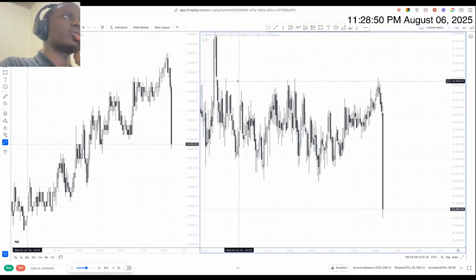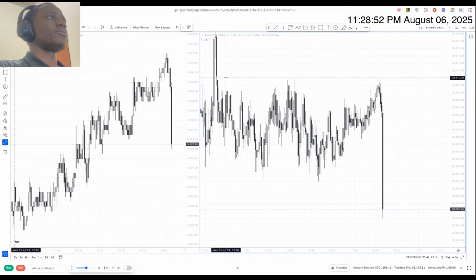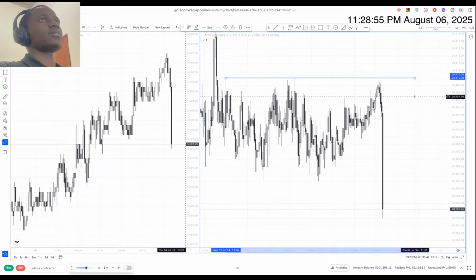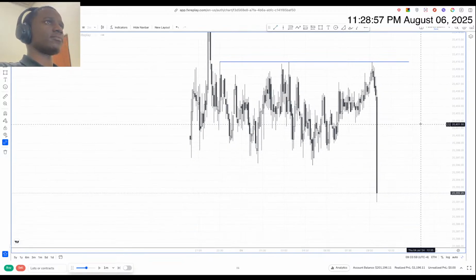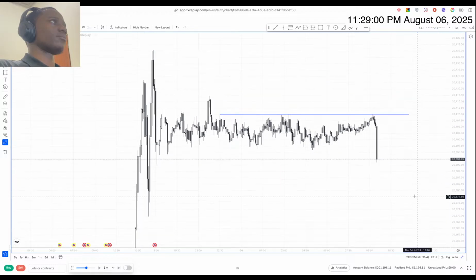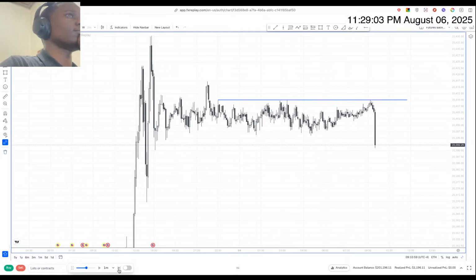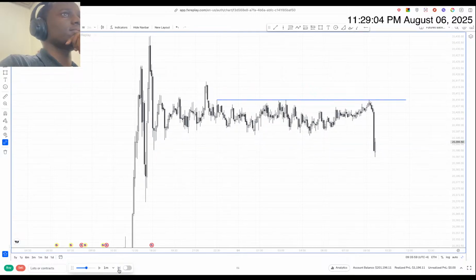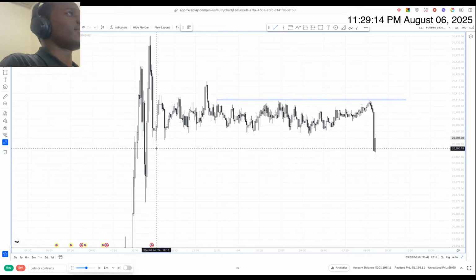So we have equal highs here. Very, very big liquidity resting around there. Yikes. So we take out these lows. We take out these lows here.